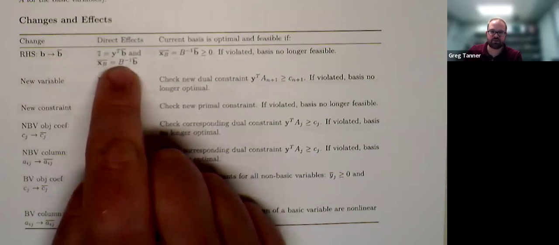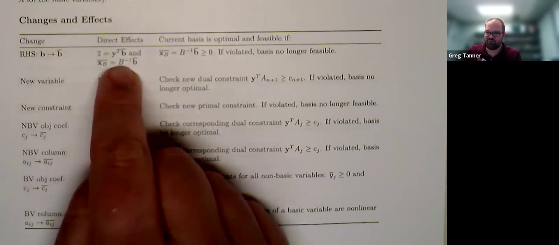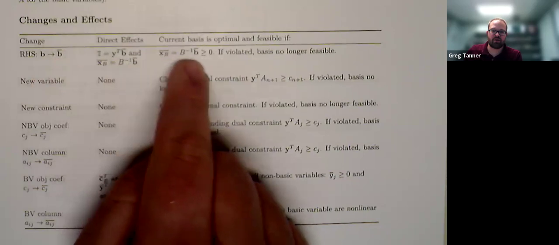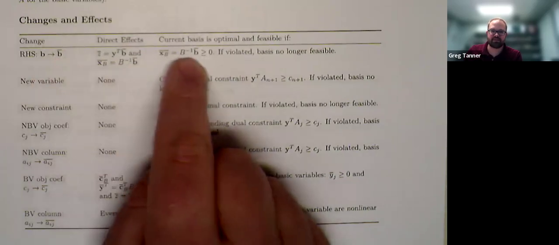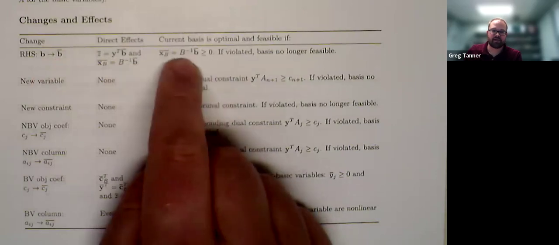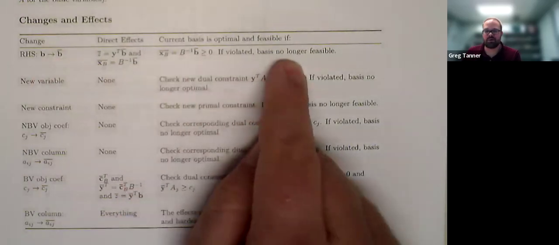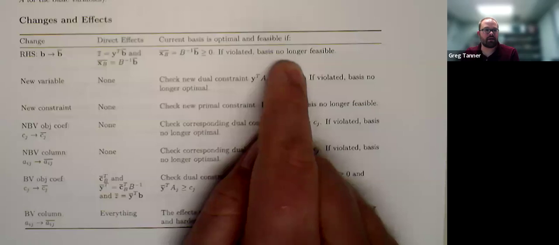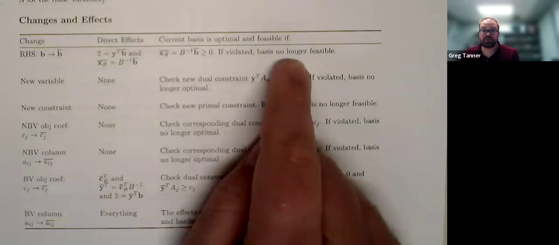The basic solution part, the non-basic variables still stay at 0. And then you need to check whether each of those basic solution parts is greater than or equal to 0. If that's violated, then the current basis is no longer feasible, in which case you'd use the dual simplex method to try to work towards a feasible solution.